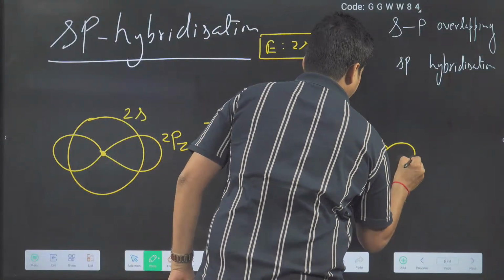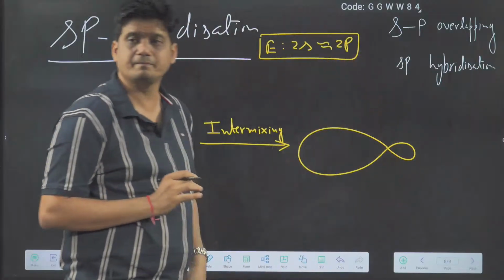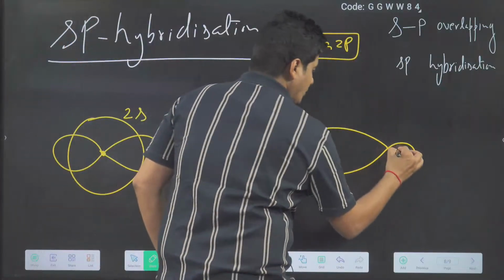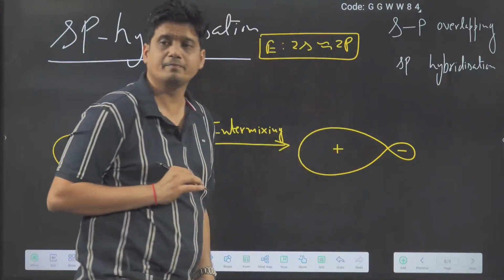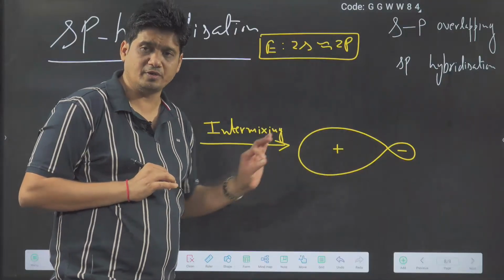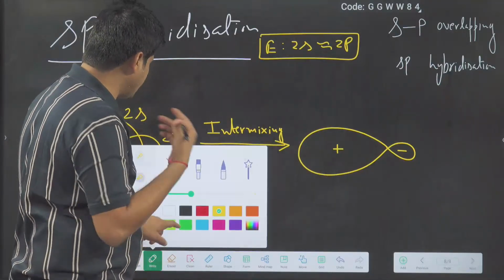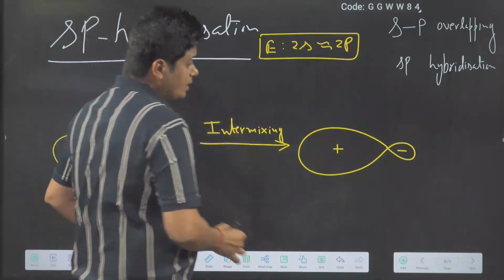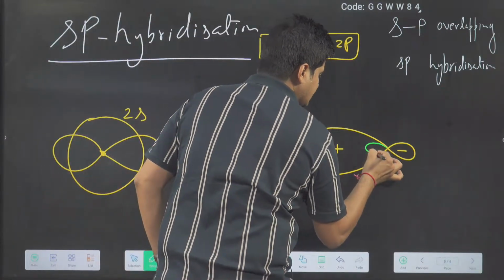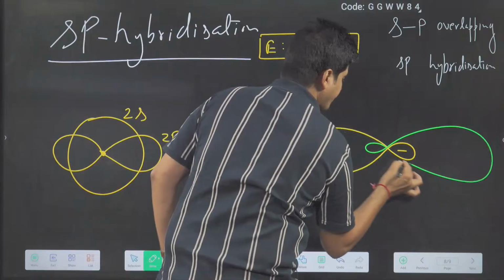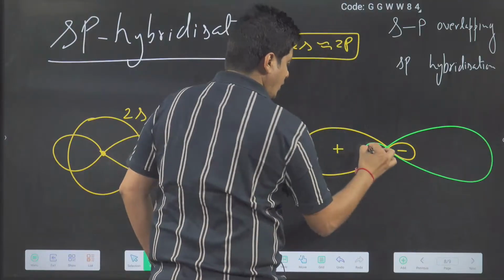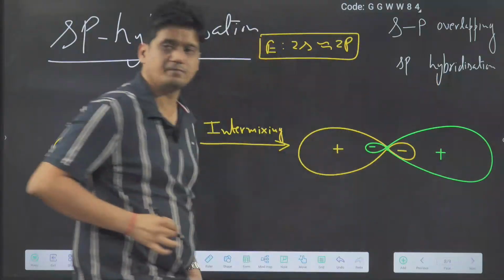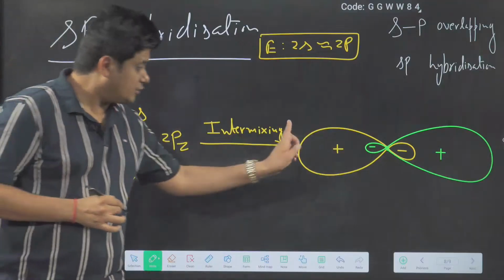This is hybrid orbital number 1: small lobe minus, big lobe plus sign. This is one hybrid orbital. Another hybrid orbital I will represent in some other color so you can easily identify it. Another hybrid orbital is this: small lobe minus, big lobe plus. These are two hybrid orbitals.